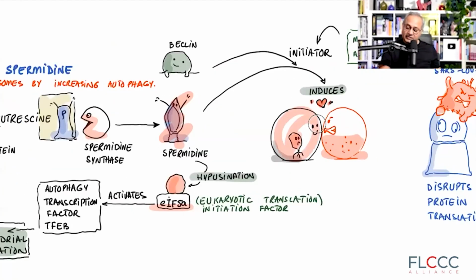It takes the vesicle with the virus in it or the spike protein in it. This is the phagosome. And it brings the lysosome next to it and induces their fusion. So when the fusion occurs, the digestive enzymes from the lysosome will spill into the phagosome, and that causes the breakdown of the spike protein and the other debris. So you would agree that spermidine is a very important part of autophagy.